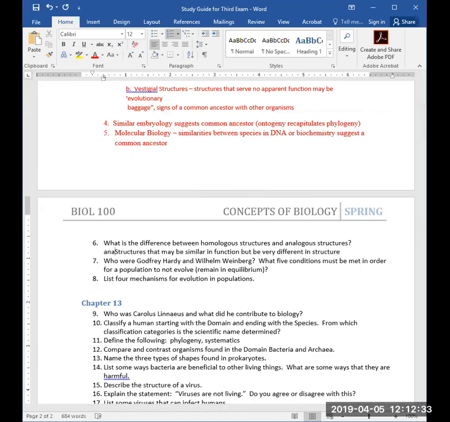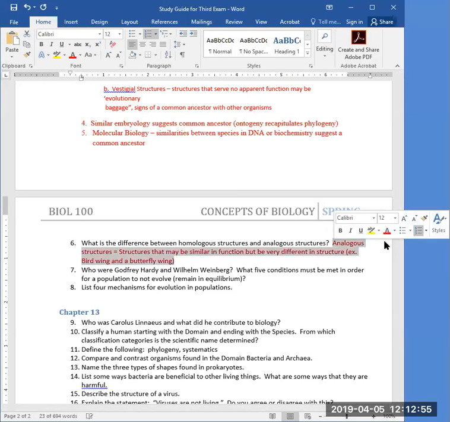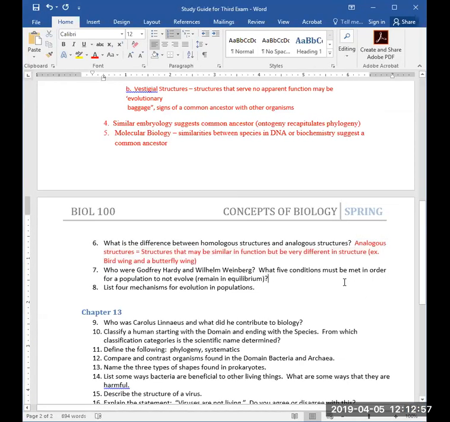An example would be a bird wing and a butterfly wing. They both function to fly, but they're very different in structure. One has bones, one has membranes and connective tissue and things like that.